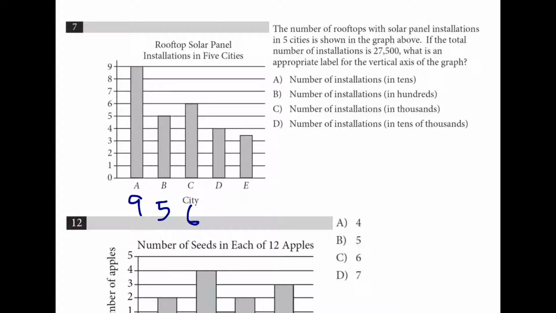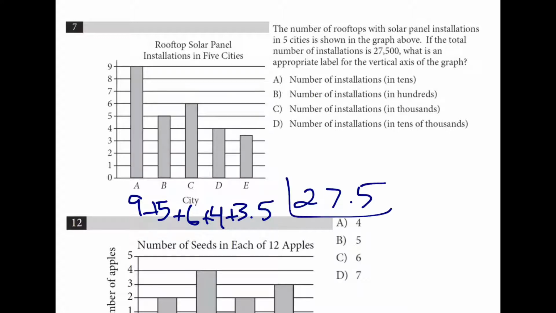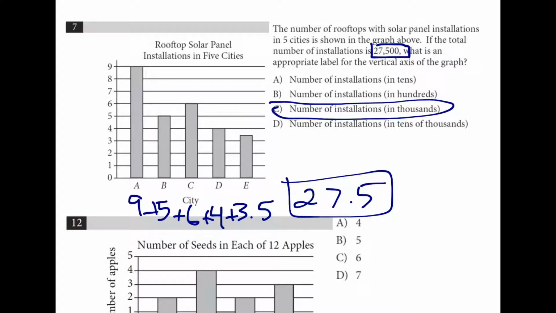City C had 6, D 4, and E 3.5. If I added all of these together, I'm going to get 27.5. So how do I get from 27.5 to 27,500? The correct answer is that I use a scale that I'm counting in the thousands. That's why this one was C.